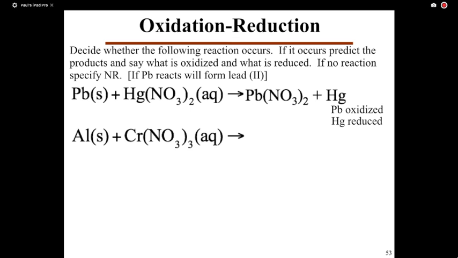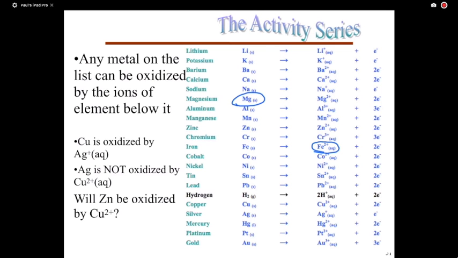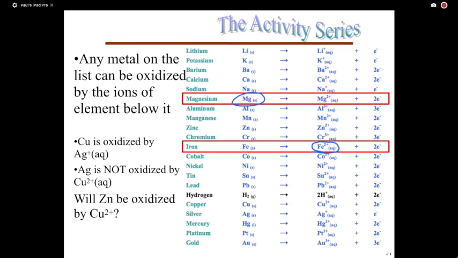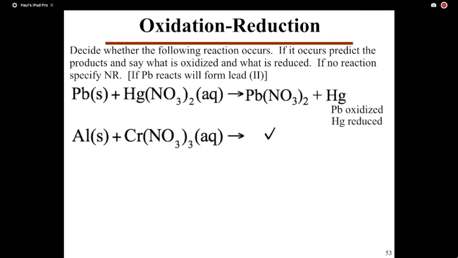In this case, chromium and aluminum. Will that actually react? Chromium 3 plus. Where's chromium? Chromium 3 plus. And what was it? Aluminum? Yes, chromium 3 plus is below the aluminum. So that's cool. So that will react. We could predict the products.